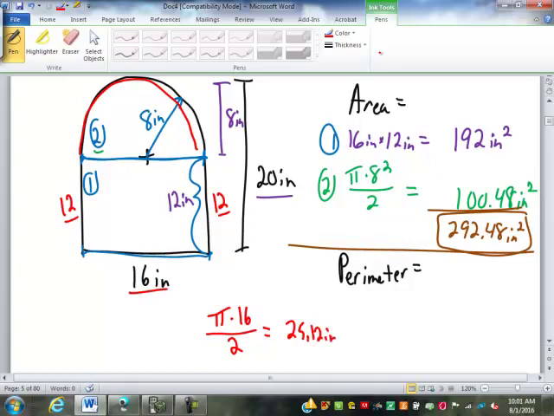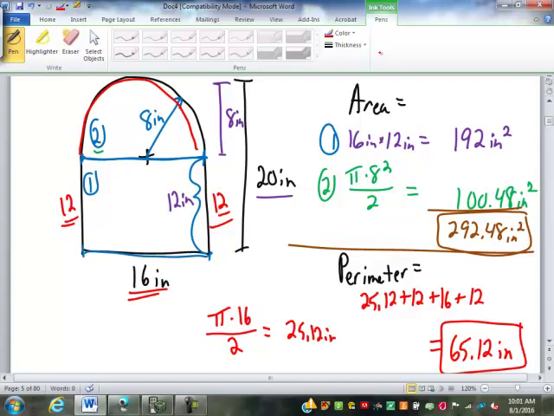So perimeter here will be that 25.12 plus the 12 plus the 16 plus another 12, which adds up to 65.12 inches. How many of you had that?